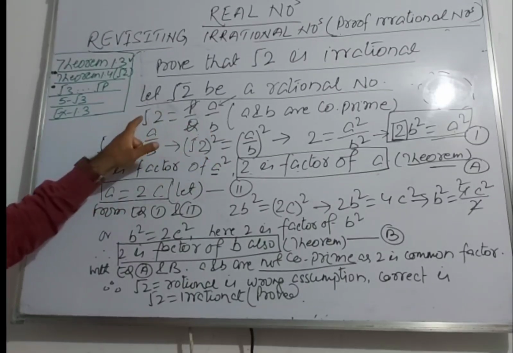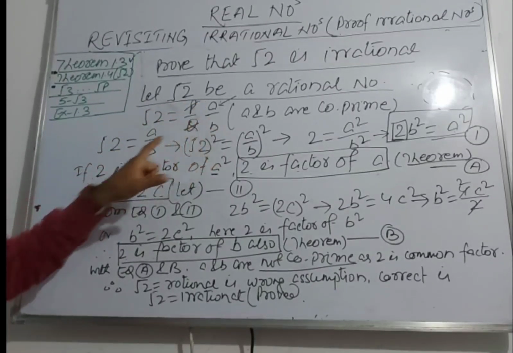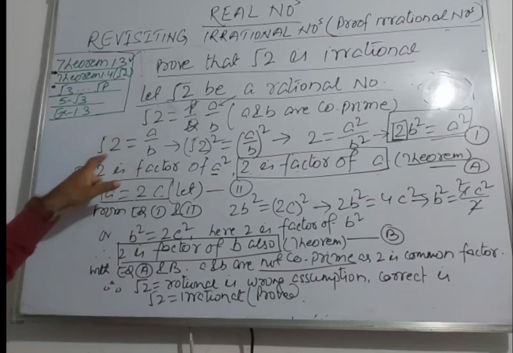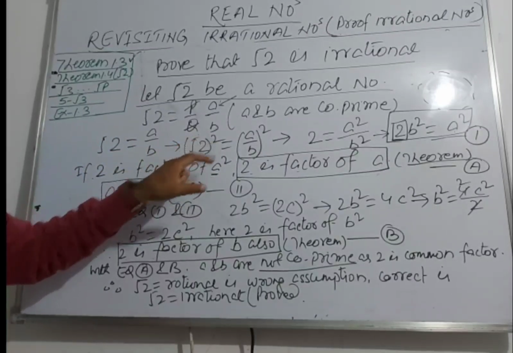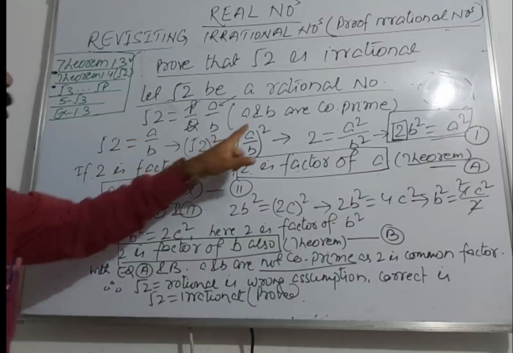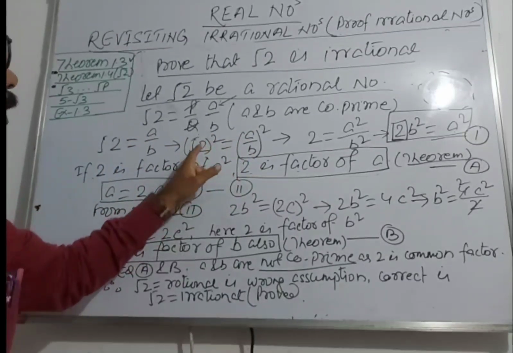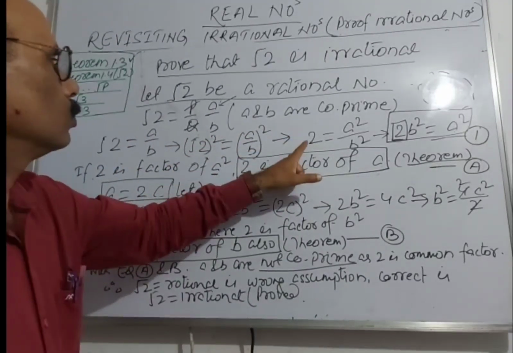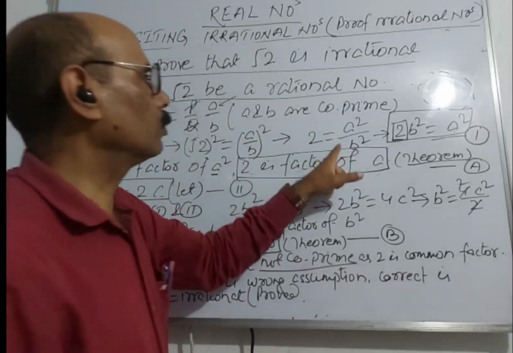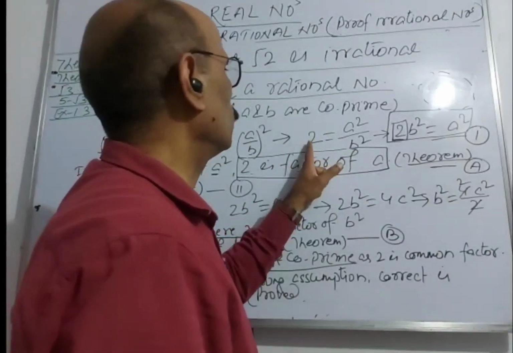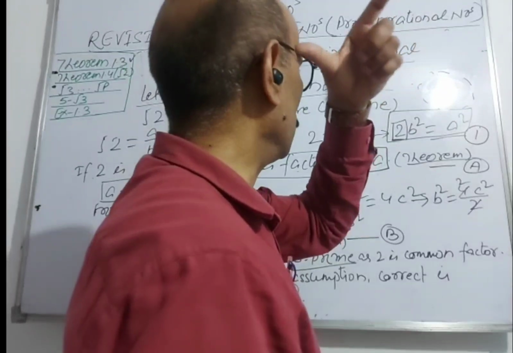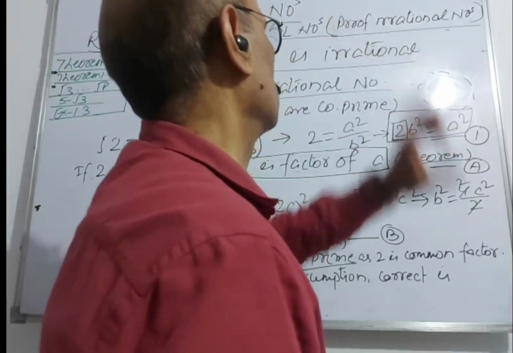For that, solve this equation. Root 2 equals a by b, bringing b to this side. Squaring both sides, root 2 square is 2, and a square by b square. Bringing b square here, 2b square equals a square. This is equation 1.